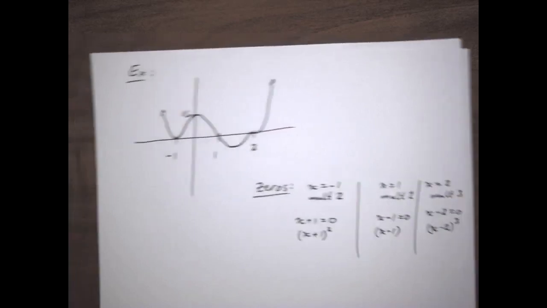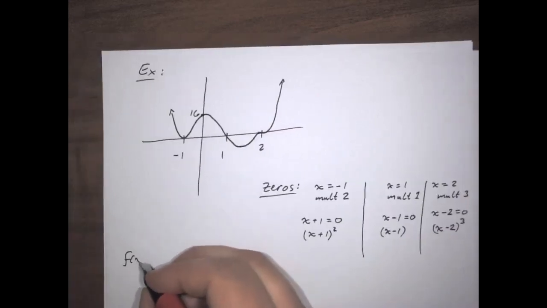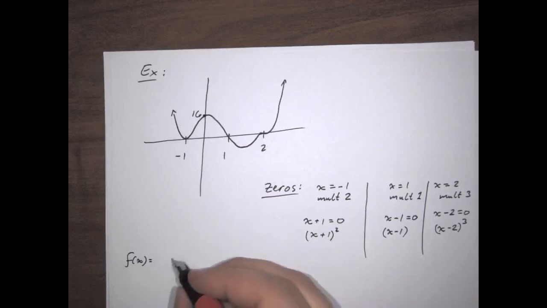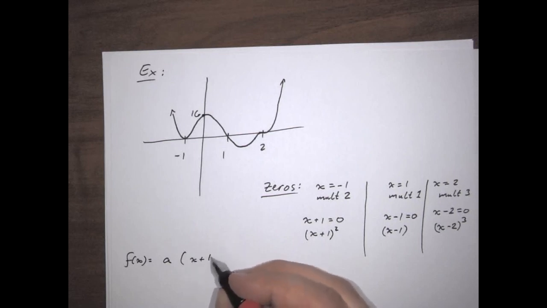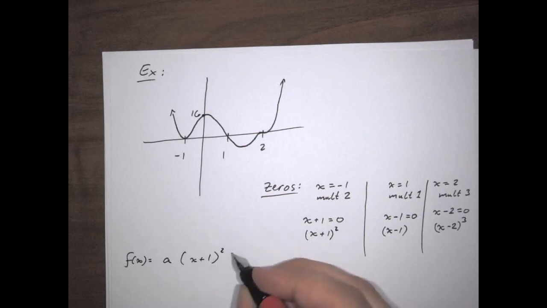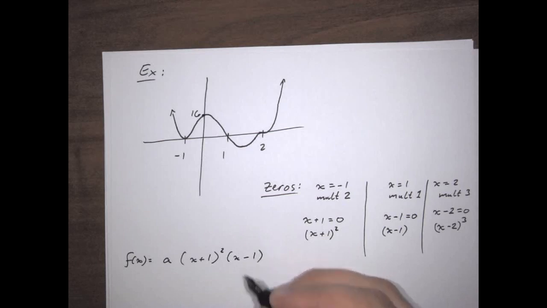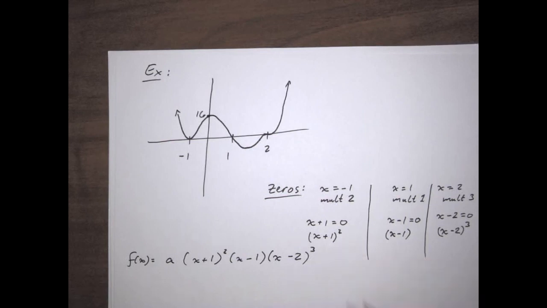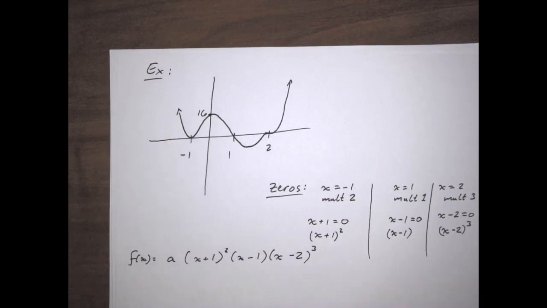So that gives us most of the formula. F of x is equal to, we've got a mystery a times x plus 1 squared times x minus 1 times x minus 2 cubed, but we still need to find the a.